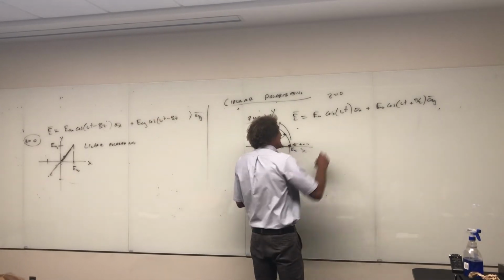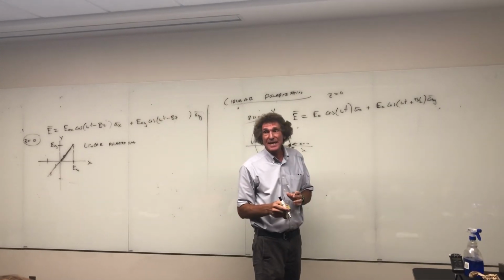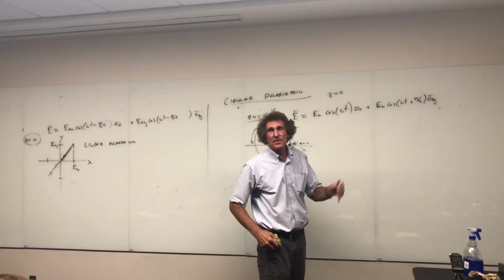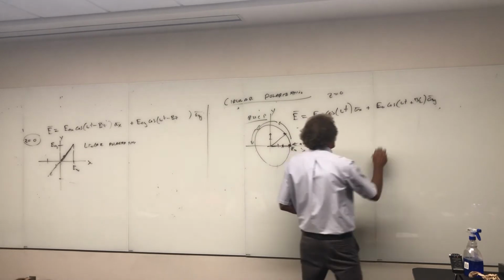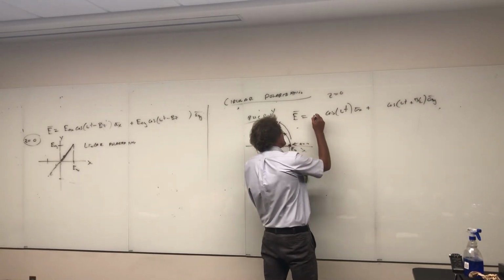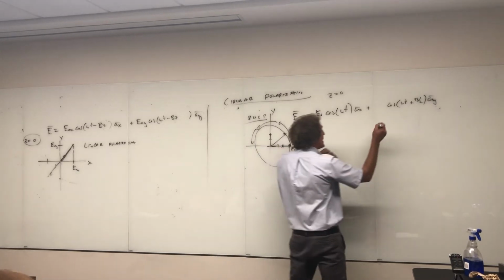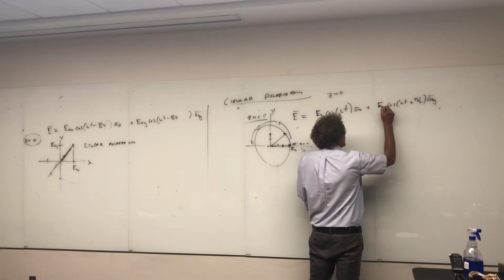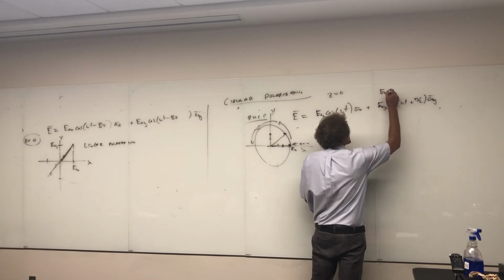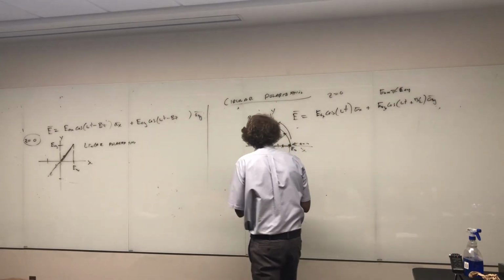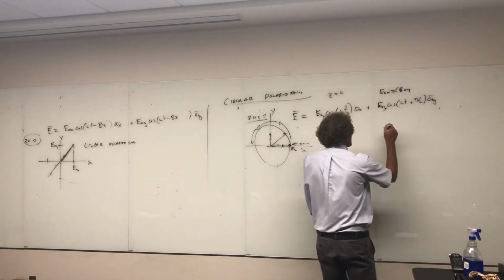Anyway, the next one is going to be elliptical polarization. There are a lot of ways to define elliptical. Here's the easiest. Take circular and make one of these a different value. I'll call that E naught X, and I'll call that E naught Y, and make E naught X unequal to E naught Y. And now you have elliptical.